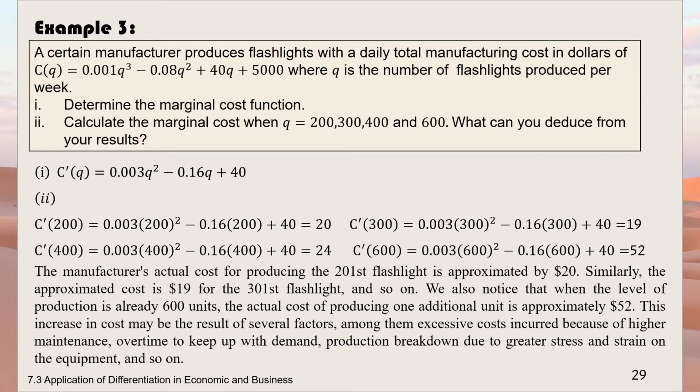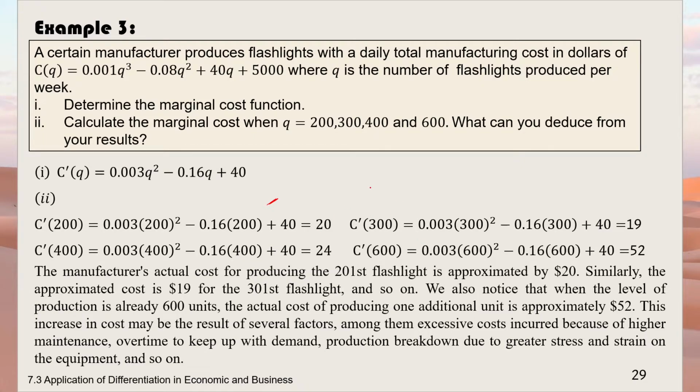So the CQ actually is a cost. So you differentiate and then you got the marginal. Okay, and then they ask you to calculate the marginal cost when you're producing 200, 300, 400, and 600. And what can you conclude from your result? So then what you need to do, just substitute the 200, 300, 400, and 600.